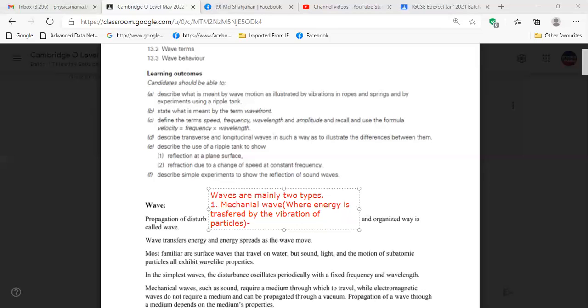You write the examples. Examples are sound wave, then you write seismic wave, then you write water wave.